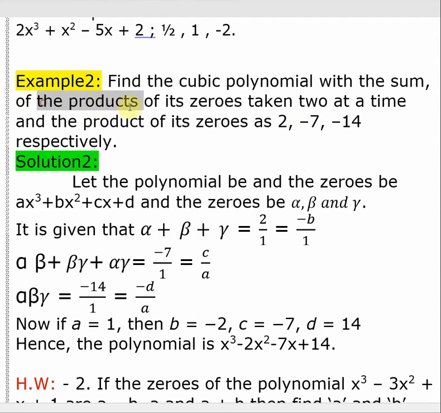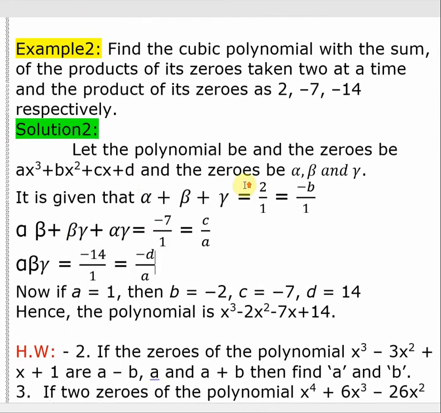The products of its zeros taken 2 at a time, that is alpha beta plus beta gamma plus alpha gamma, is minus 7, and the product of its zeros, alpha into beta into gamma, is minus 14. Here it is respectively given. So for that they are these values.